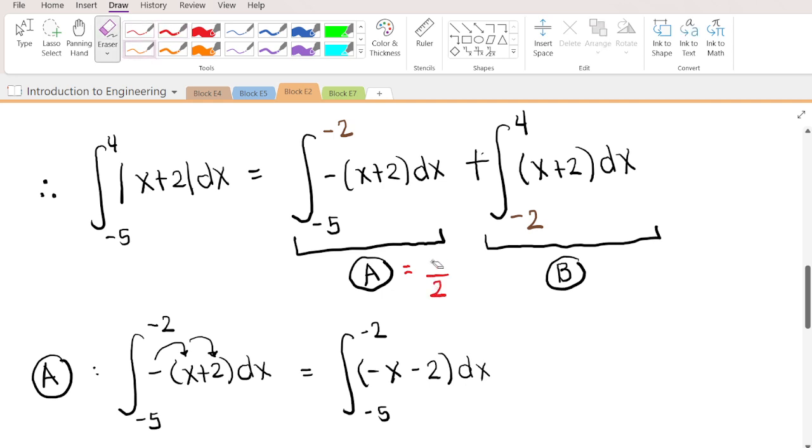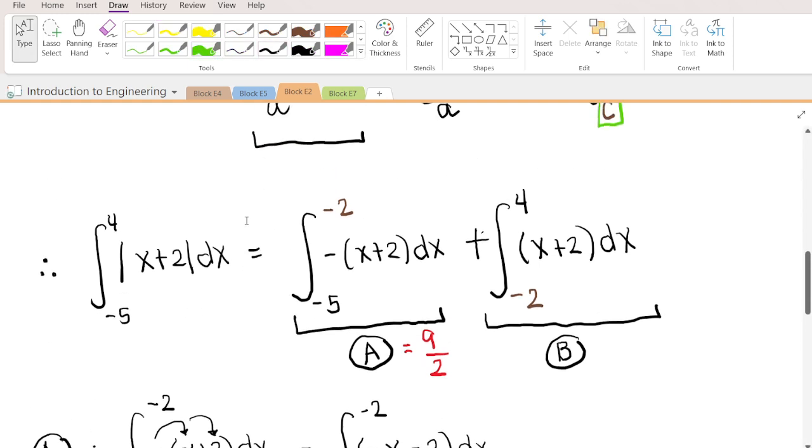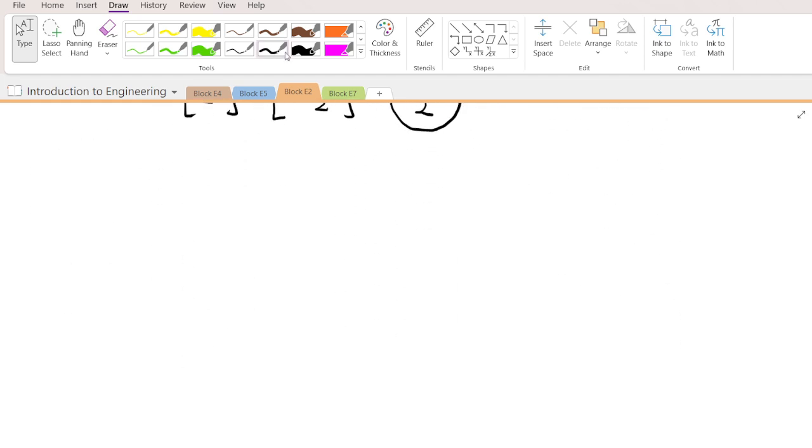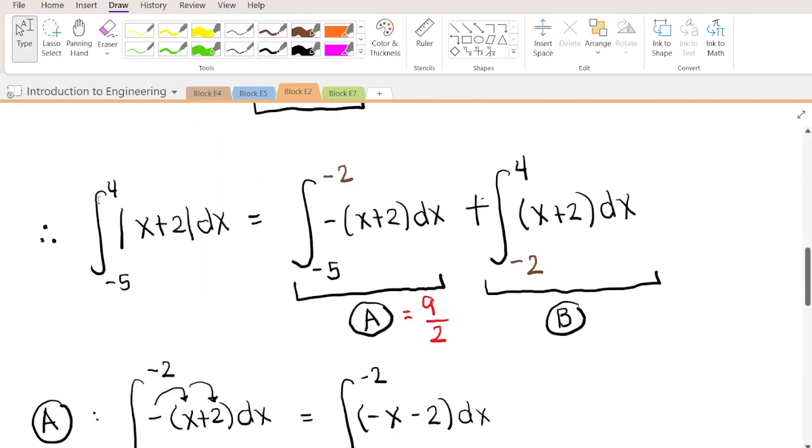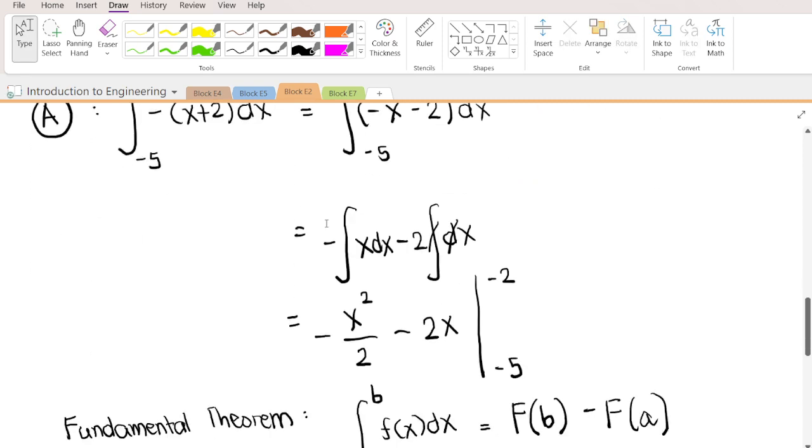Okay. So for letter B, we will solve the second fragment of our entire integral. So for letter B, integral of x plus 2 with respect to x from, remember our limits are not the same as the given, but we have to start from negative 2 as our lower limit and positive 4 as our upper limit.